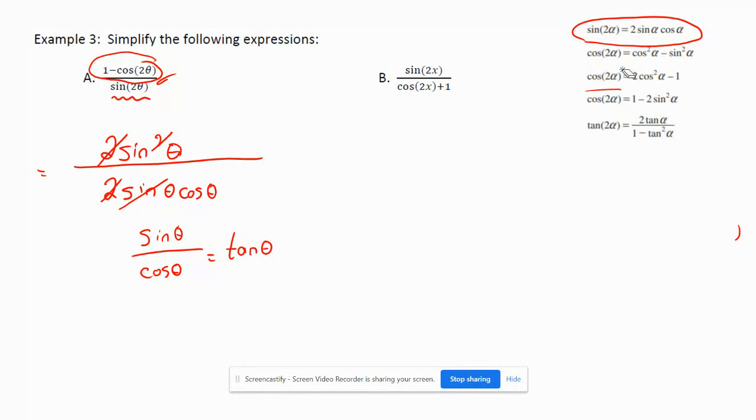Okay, so simplifying this expression, the double angle ones for sine are easy. There's only one option. So sine 2x is the same thing as 2 sine x cos x.